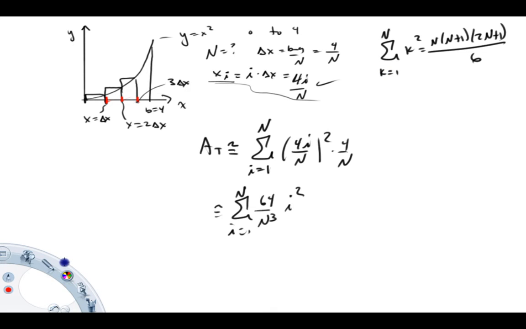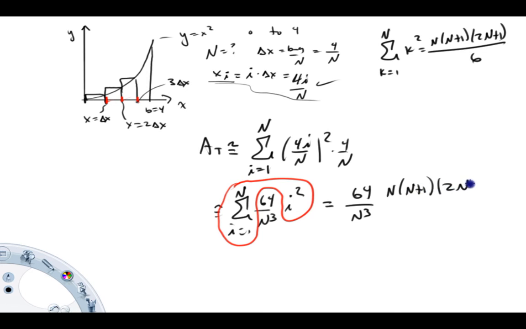So that means that within this summation work that I have, this right here can be written n times n plus 1 times 2n plus 1 over 6. So this is going to equal 64 over n cubed times, and again, this thing in red is equal to n times n plus 1 times 2n plus 1 all over 6.